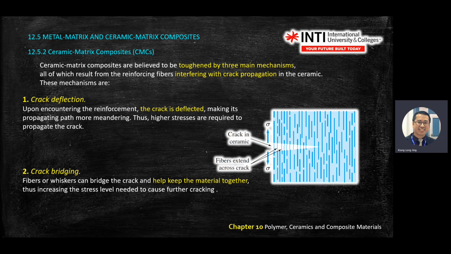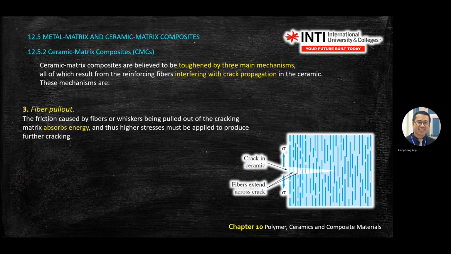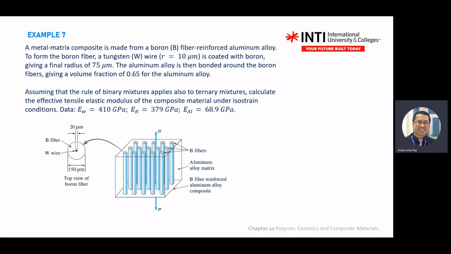The second one is crack bridging. Crack bridging is for the fiber. The fiber can bridge the crack and help keep the material together. So these are the benefits of CMC, the ceramic matrix composite. Fiber pull out and so on. I won't ask you this one. Okay, so this is an important example.